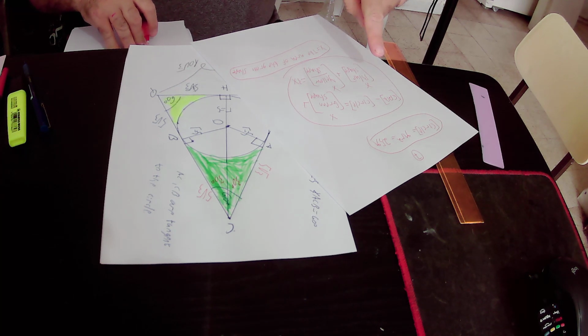The area of the triangle minus the area of the circle equals x plus x plus x.